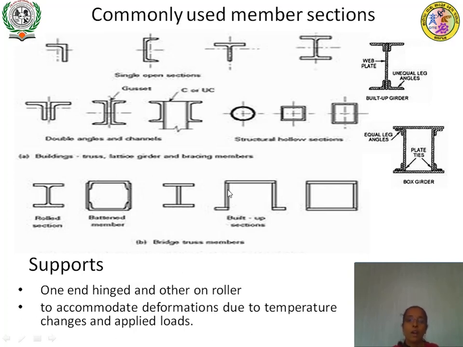You might have observed that in a railway track, when the rails are placed, a small gap is left. The same thing applies here also. A roller is provided so that there is accommodation for free expansion. As the temperature increases, the members will expand, so to accommodate that expansion or deformation, one end is provided as a roller.